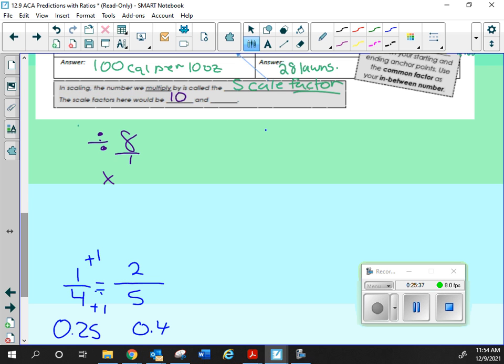So class, real quick. Whenever I divide by a fraction, it's the same as multiplying by its reciprocal. What's the reciprocal in this case? 1 over 8.